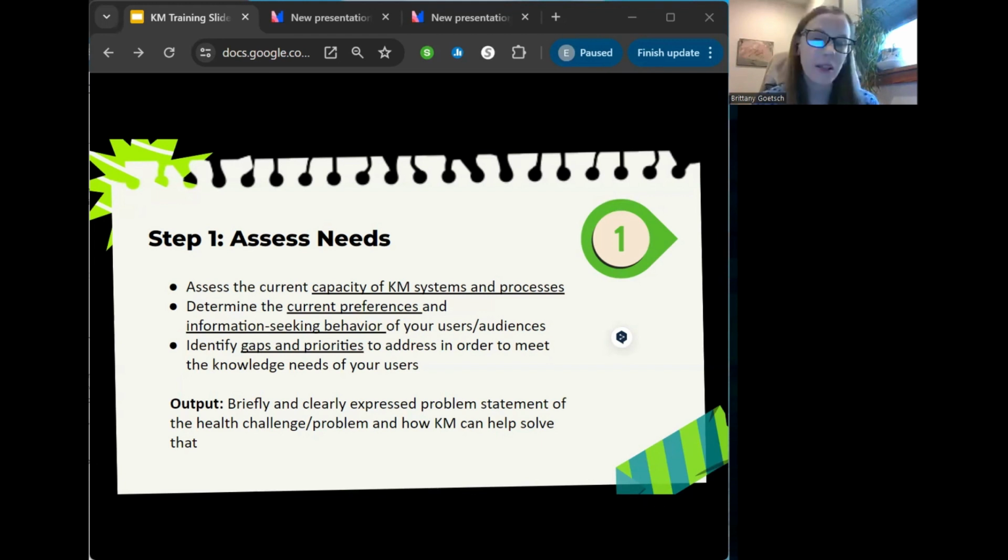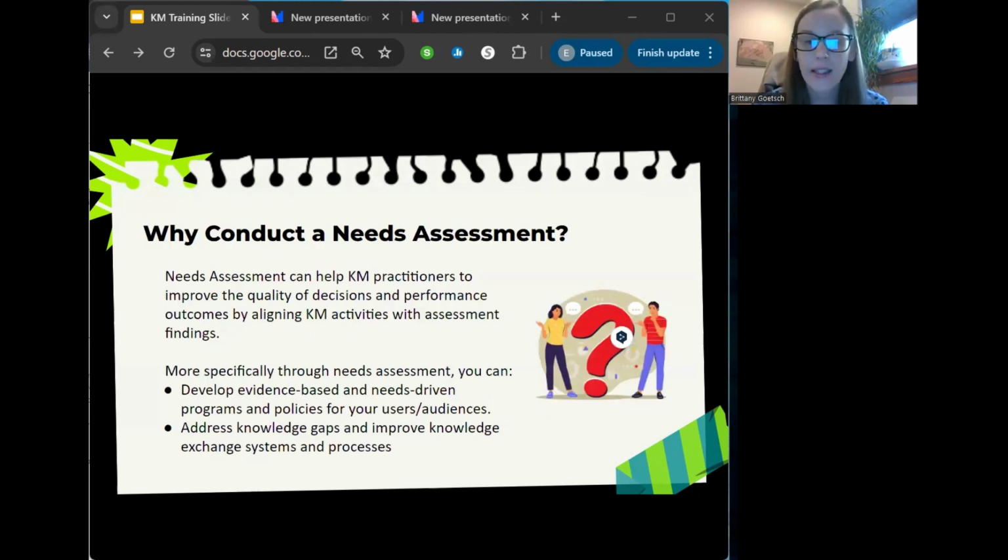It doesn't have to be a large endeavor with a big budget, and some casual yet focused conversations can provide a really solid foundation. And the output is a briefly and clearly expressed problem statement of the health challenge and problems, and how KM can help solve that. Next slide.